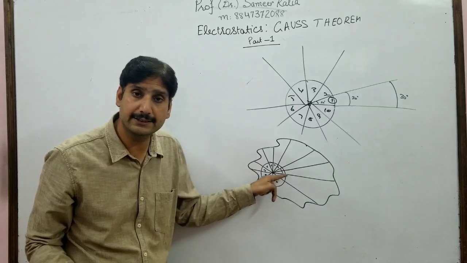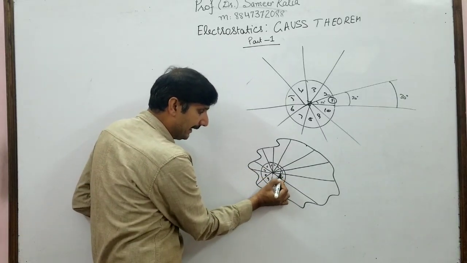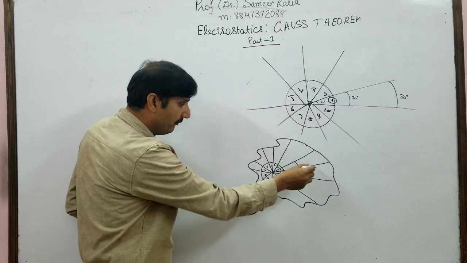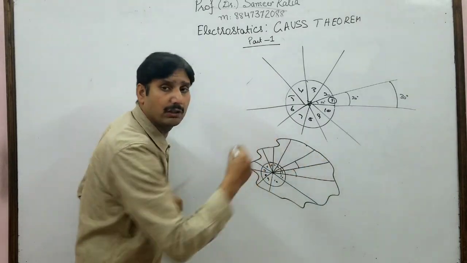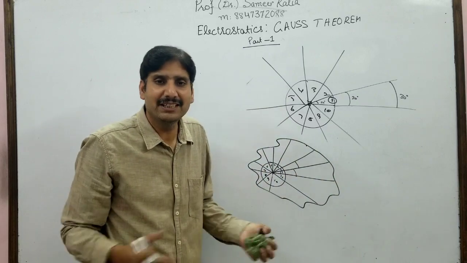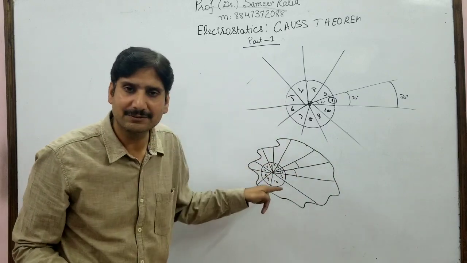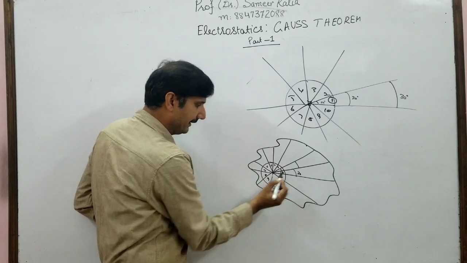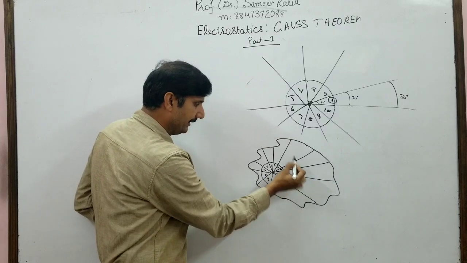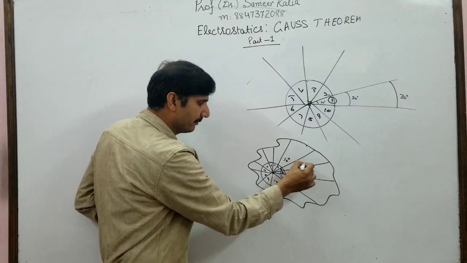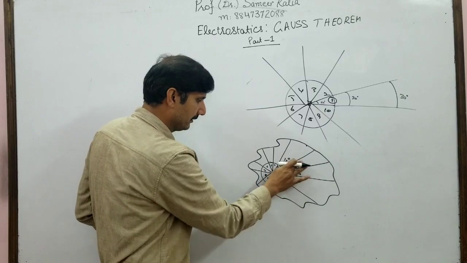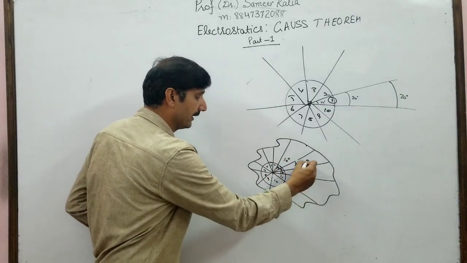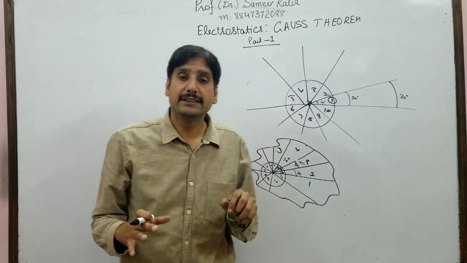You can see the circle, it's 2 pi. Whatever this angle is, this is the same. So the sum of all these angles would always be the same as the angle subtended by this circle. I hope you are there. If this angle is 30 degrees, this angle would be 30 degrees. If this is 10 degrees, this would be 10 degrees, and so on.